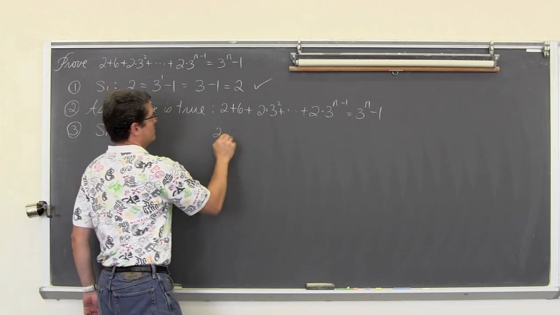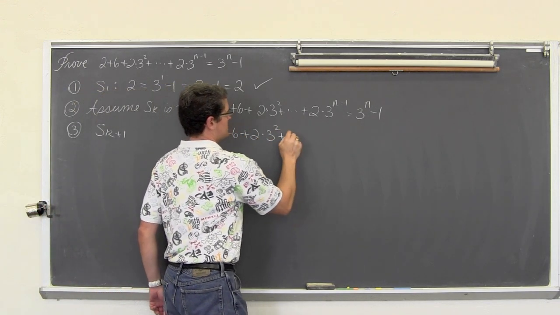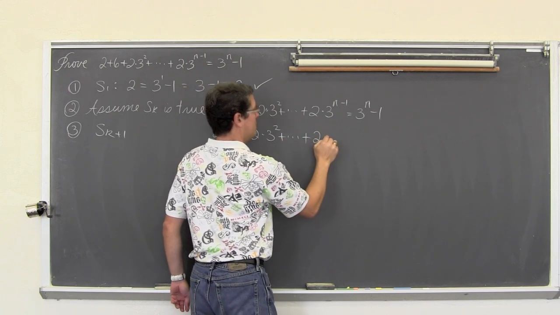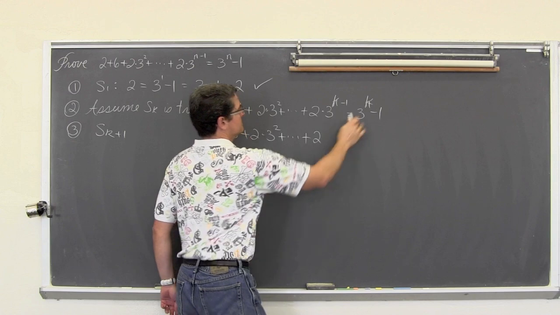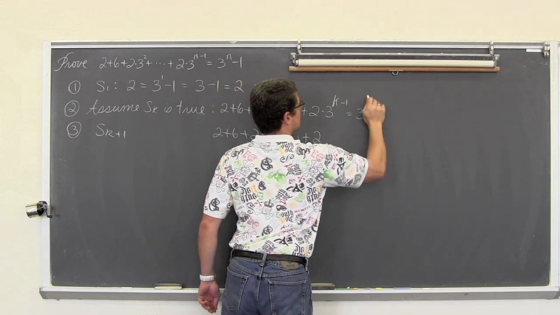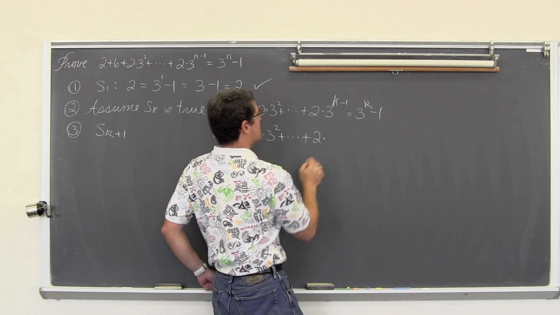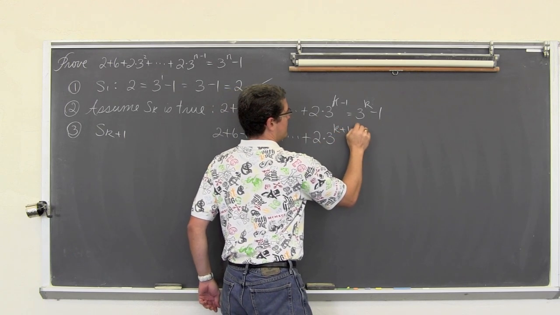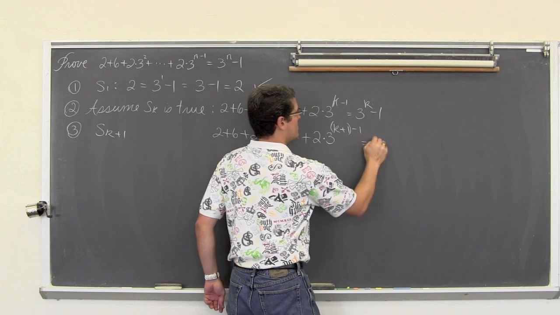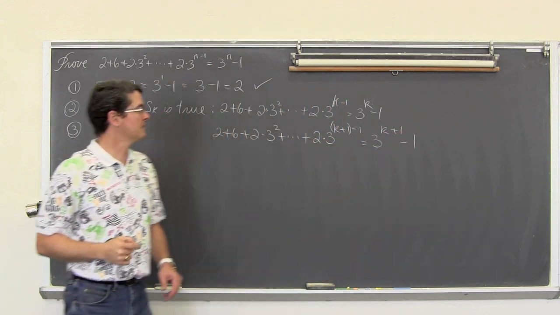So we have 2 plus 6 plus 2 times 3 squared plus, that should be a k again. Told you I'd do that all the time. Plus 2 times 3 to the k plus 1 minus 1 equals 3 to the k plus 1 minus 1.